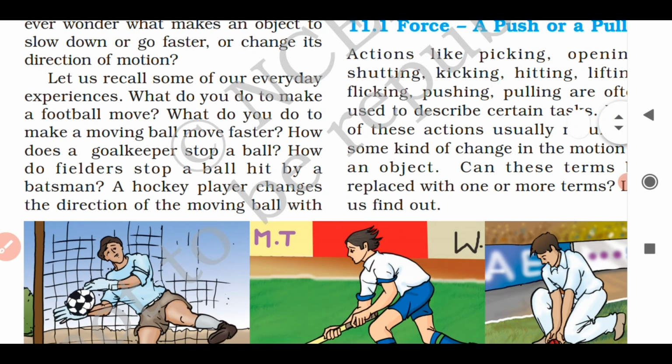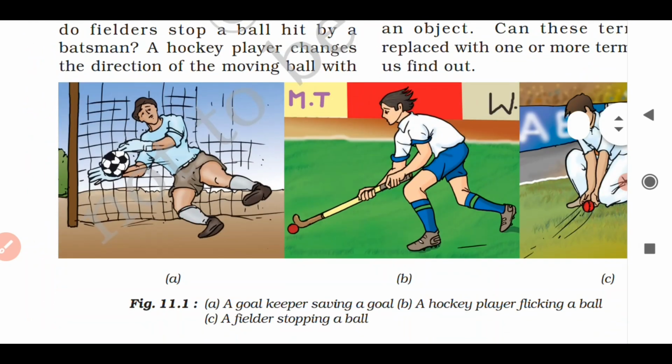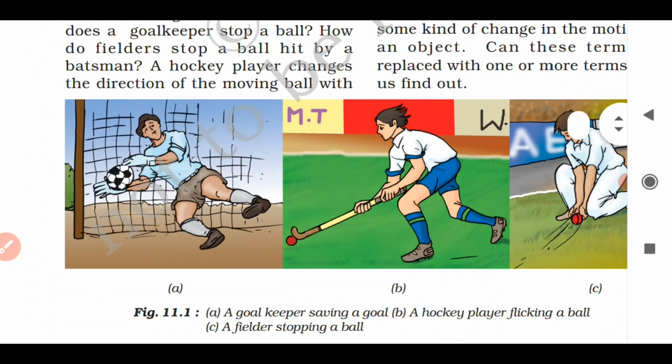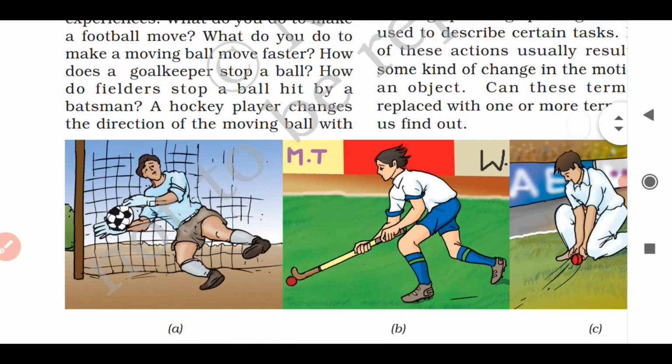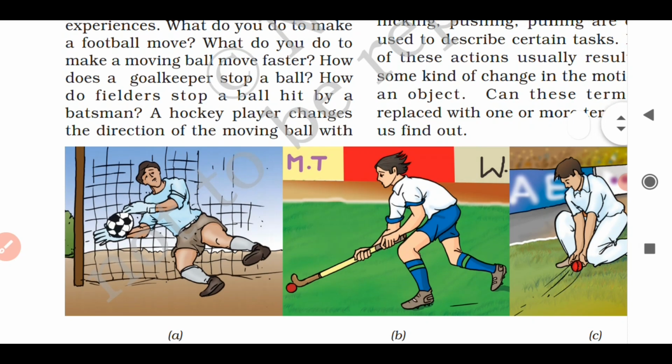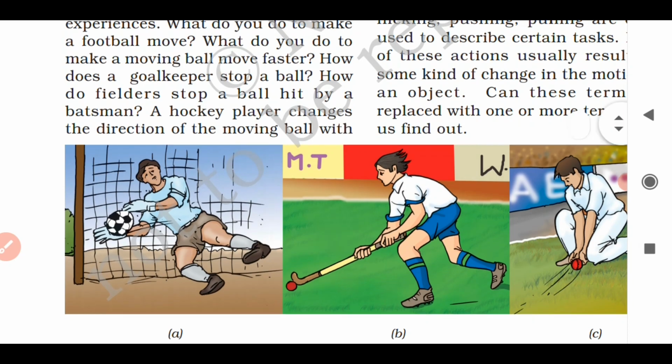How does the goalkeeper stop a ball? In this picture you can see a goalkeeper saving a ball in figure A. He is applying force in the opposite direction to where the ball is moving. Then only can he stop the ball. In the same way, how do fielders stop a ball hit by a batsman?